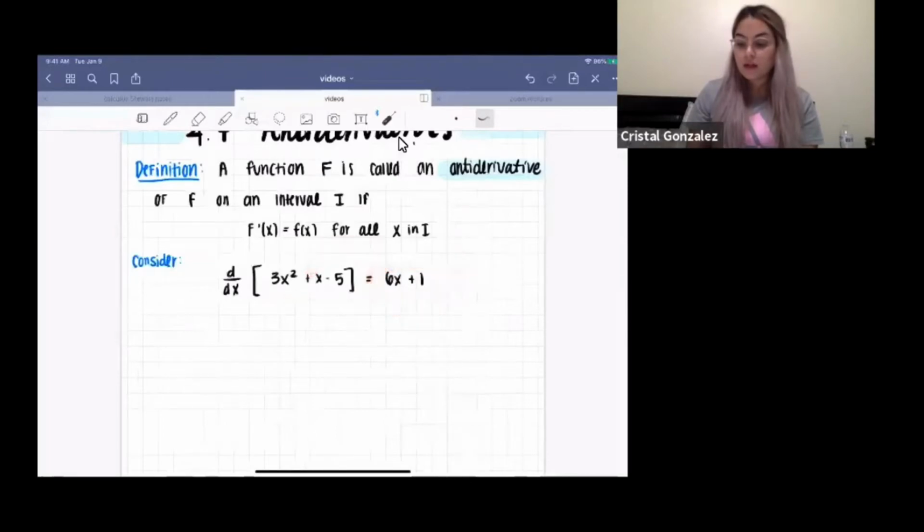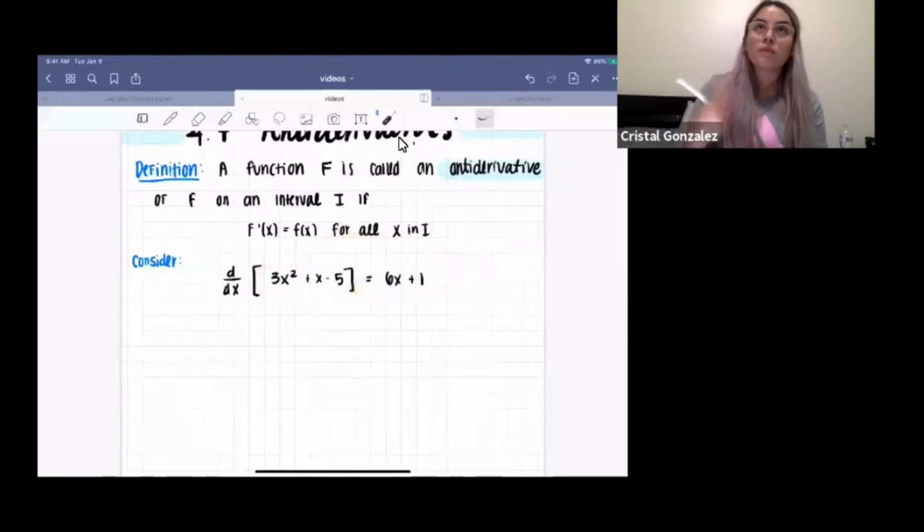Okay, perfect. So the antiderivative of 6x plus 1 is specifically what's inside here, because 6x plus 1 is the derivative of this function, and this function is the antiderivative of 6x plus 1. But there could be many different antiderivatives that give you this exact same thing. One of the biggest reasons is that when we took the derivative, the constant didn't really matter to get us 6x plus 1.